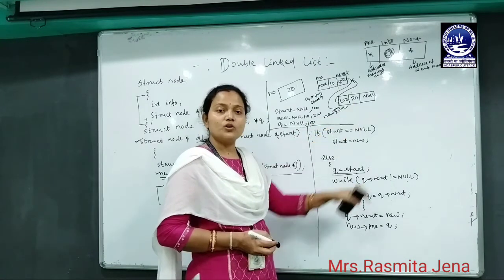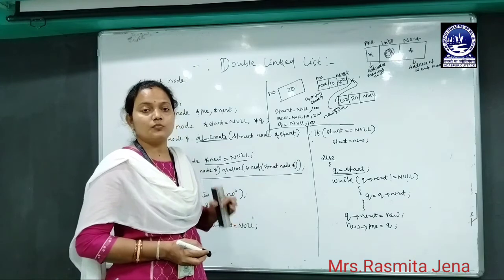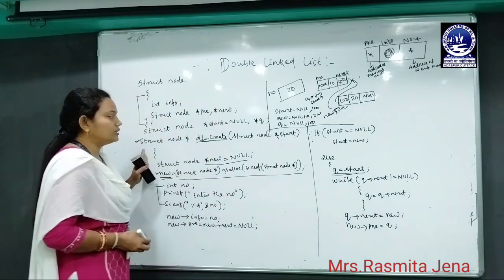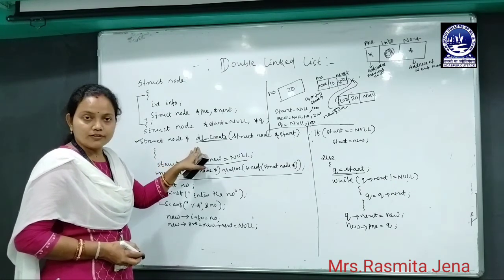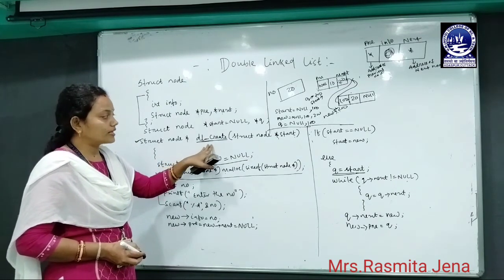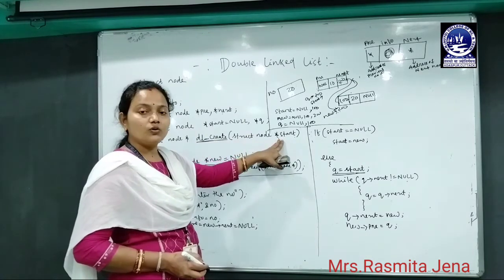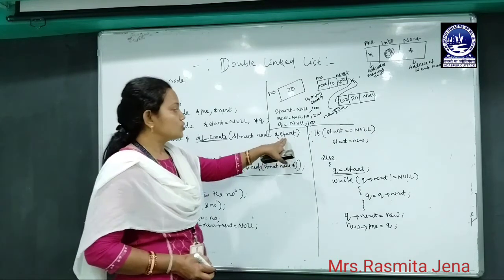In the same process, we can also create another node in the double linked list. Suppose we want to create another node, then we must execute the DL underscore create function. When we execute the DL create function, it will first receive the start node address, which is also held by the start pointer. So it becomes 100.